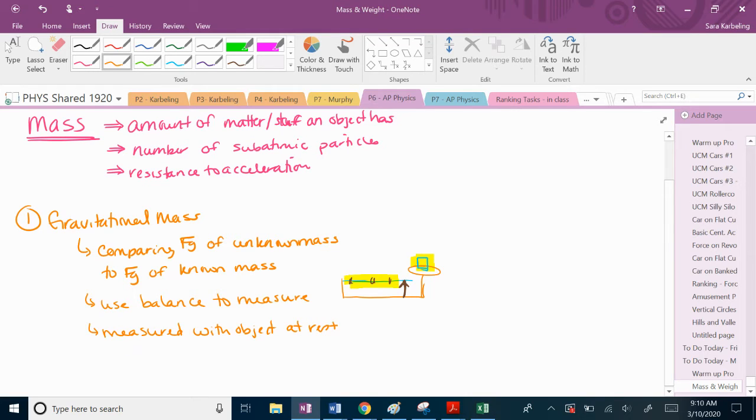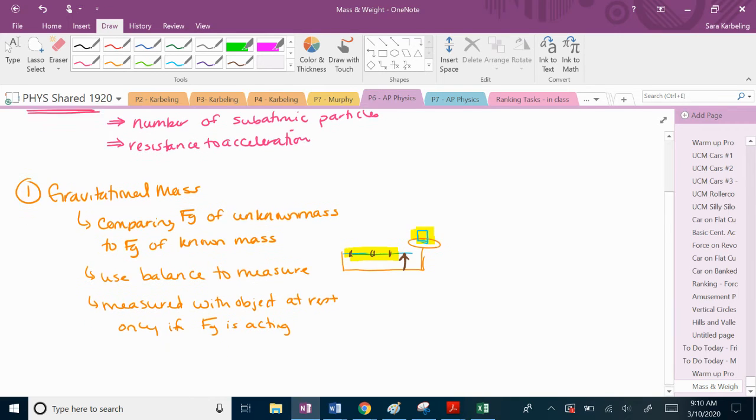And you can only measure it, maybe by definition, if the force of gravity is in play, okay? So you can't, by definition, measure gravitational mass if there is no gravitational force acting. So if you yourself are out in the middle of space with nothing anywhere near around you, gravitational mass doesn't mean anything, okay? So that's the first one.